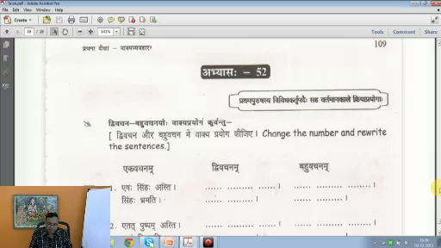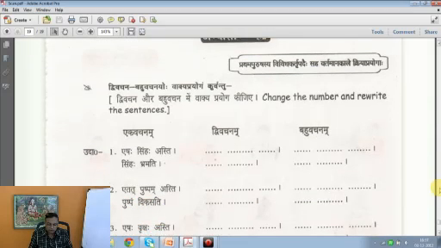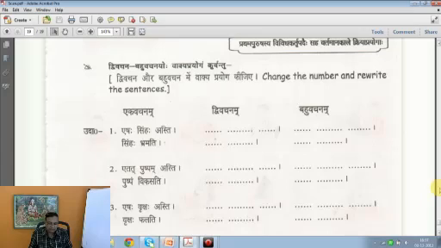Moving on to the next page, page 52, 109, Abhyasa 52, Prathama Purushasya Vividha Kartrupadaihi Saha Vartamana Kale Kriya Prayoga. Now you are changing the number and rewriting the sentences in this exercise.